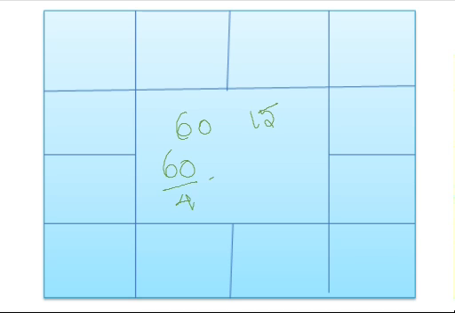So 60 divided by 4 is 15 Naliga, and 15 divided by 4, how much? Vinaliga. So you can avoid this decimal fraction. So your answer is now 15 Naliga and 3 Vinaliga.